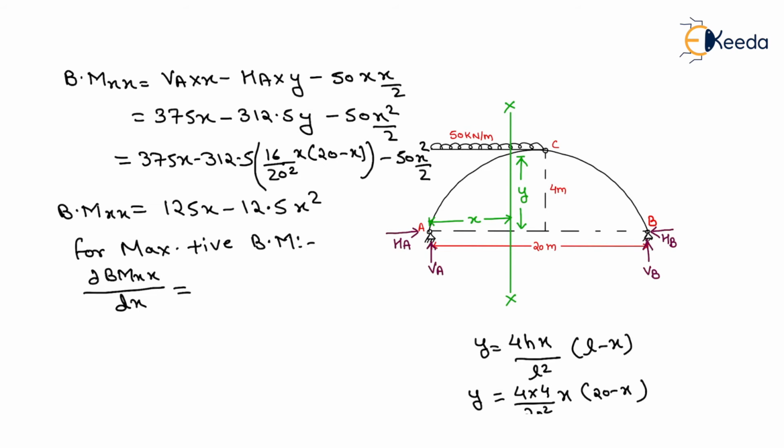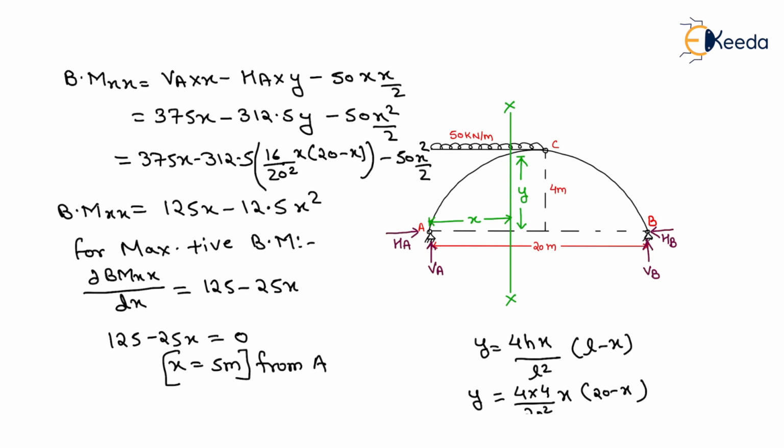So its value will become 125 minus 25x. Now for finding the distance of the section where the maximum positive bending moment will lie, we equate this with 0. By equating this value with 0, we get the value of x as 5 meter from A. This is the distance at which the section XX will lie, that is 5 meter from support A.